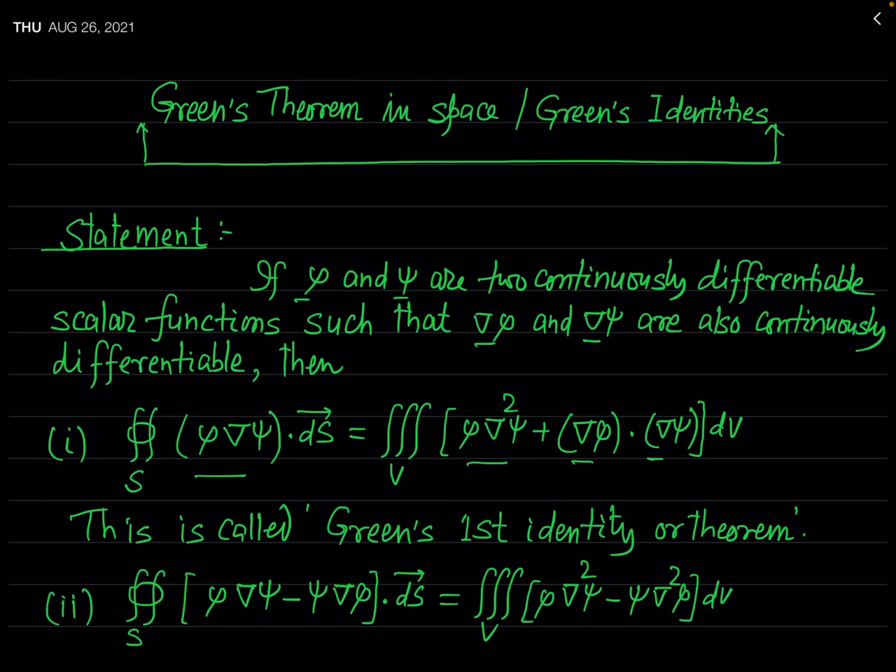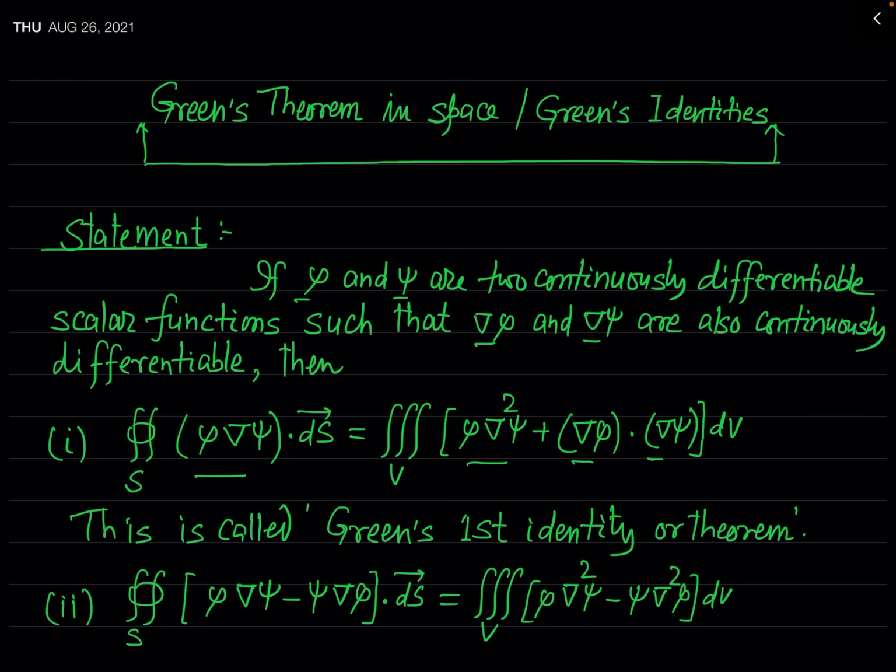Now, according to Green's second identity, also called the symmetrical theorem, the normal surface integral over a closed surface S of phi del psi minus psi del phi is equal to the volume integral over the volume V enclosed by the closed surface S of phi del 2 psi minus psi del 2 phi.